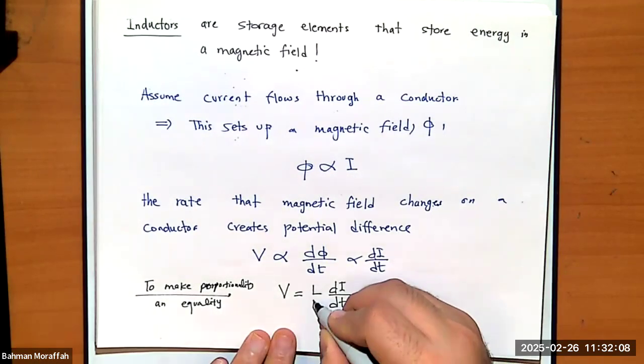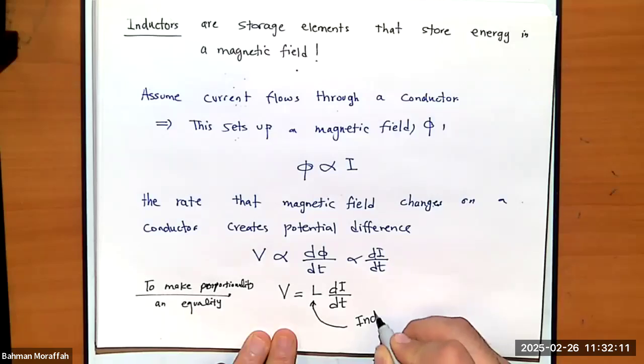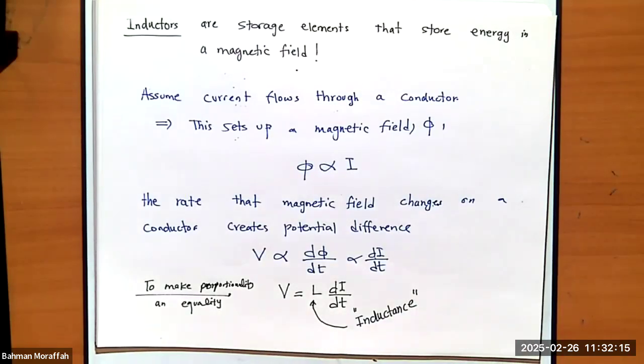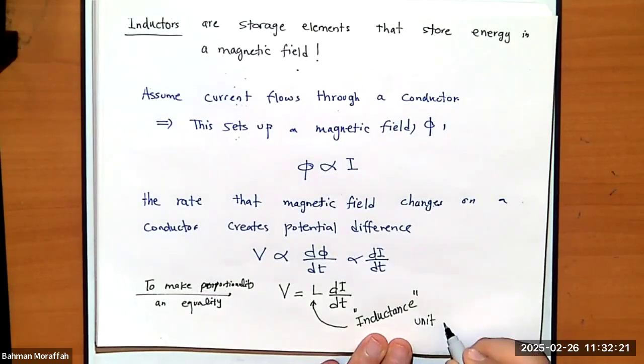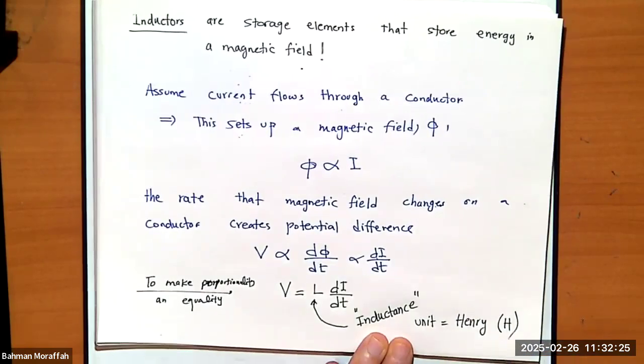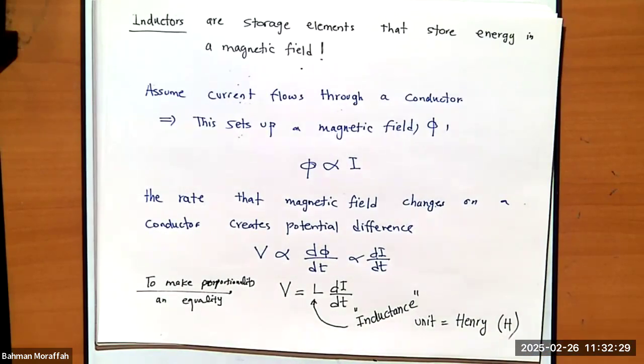We call this constant inductance. And the unit for this inductance is Henry. This is basically how we have an inductor.